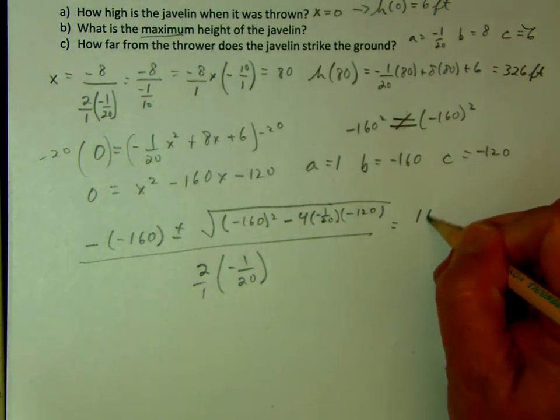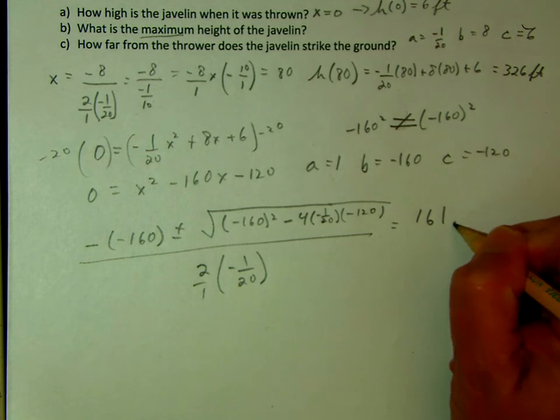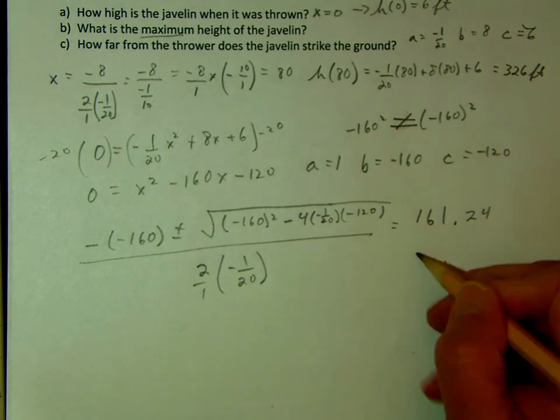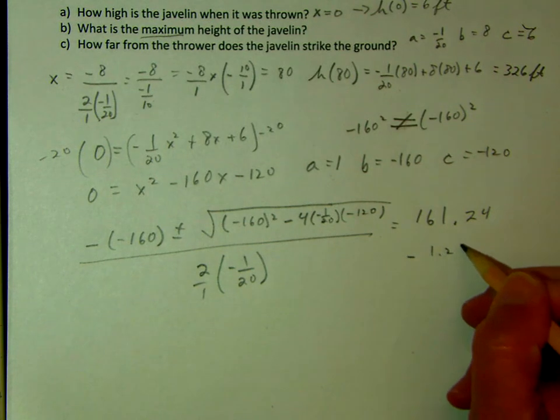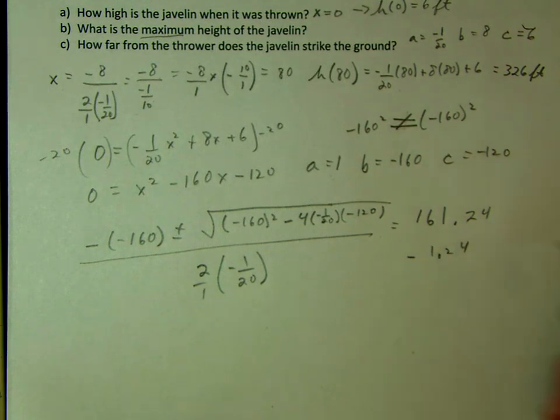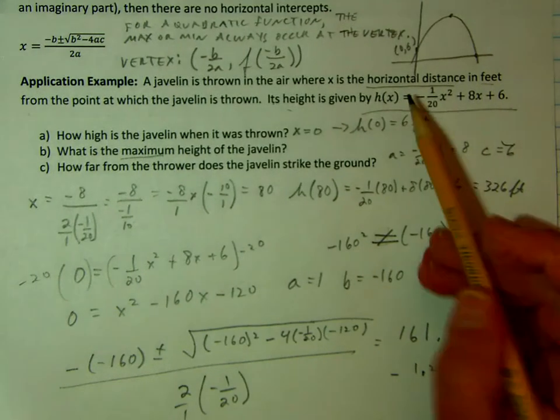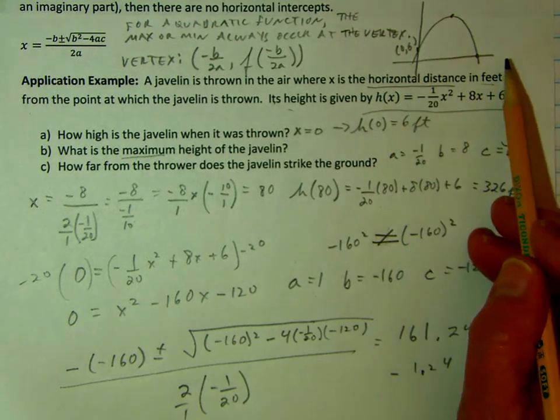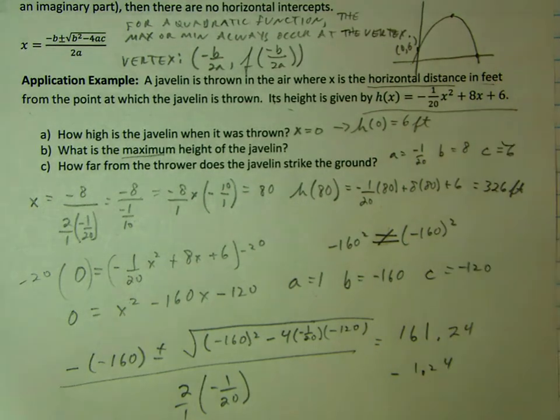And I'm going to round here, so 161 and 24 hundredths and negative 1 point and 24 hundredths. And we can see this 0, if we look at our graph, that would be over here, which is not meaningful in our model, and the number we're looking for is right there.